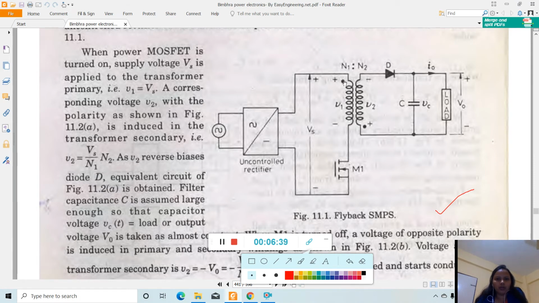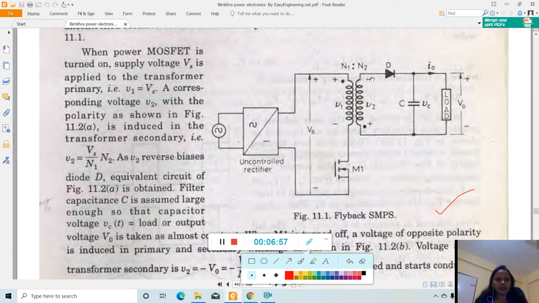Here the dot is here, so it is plus, it is minus. If Vs is applied as V1, then the same voltage is induced in the transformer secondary with the given polarity.